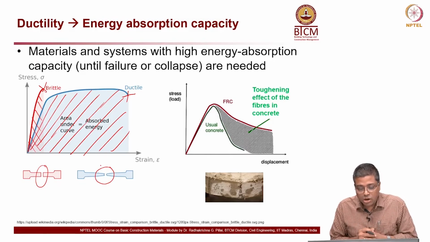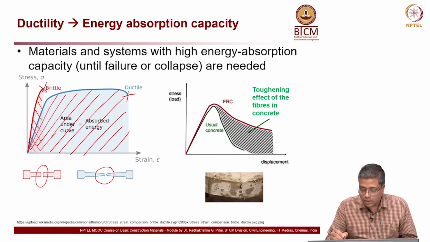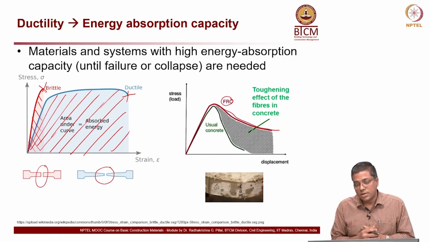Now, in case of concrete, you can see that usual concrete has this green curve which is at the bottom here, whereas the fiber reinforced concrete, FRC, follows a different curve with a larger area under the curve.